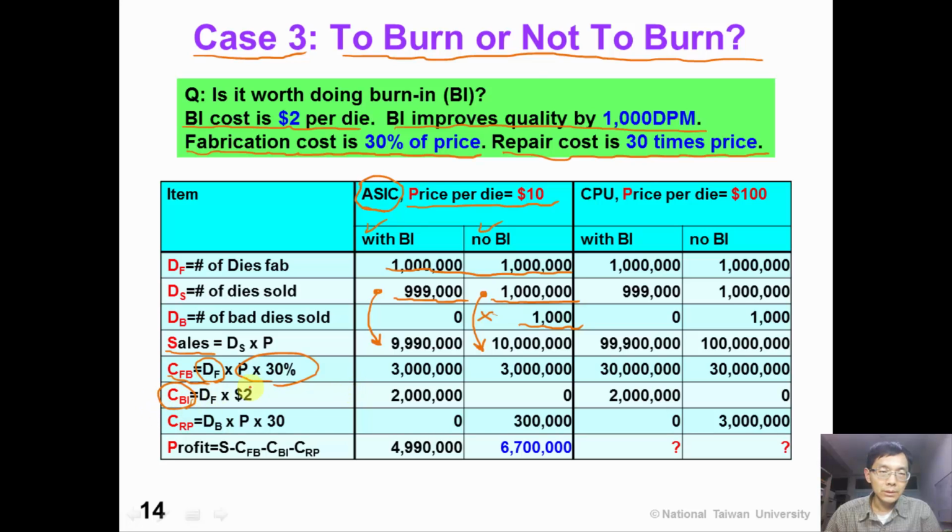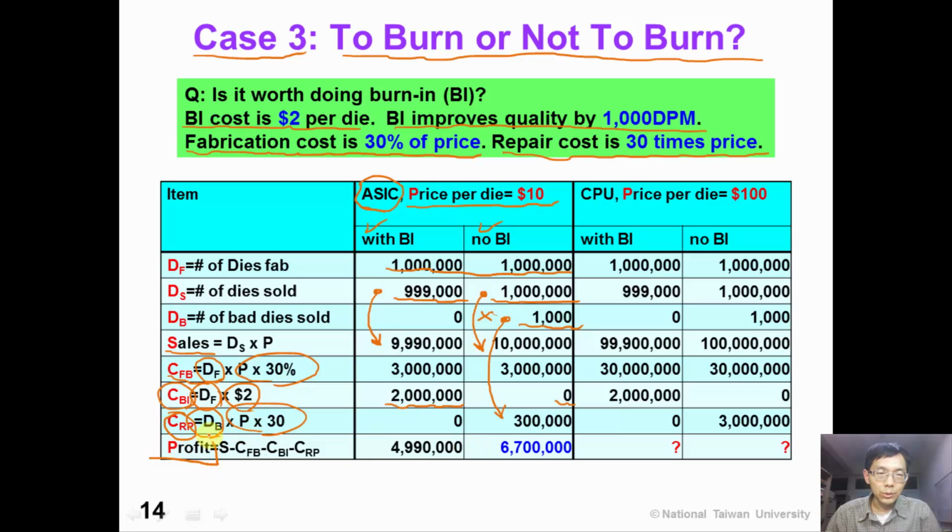The burning cost is 1 million dies times $2 if we do a burning. Of course, it's 0 if we don't do a burning. The repair cost is equal to the number of bad dies sold, which is 1,000 times $300 per die.